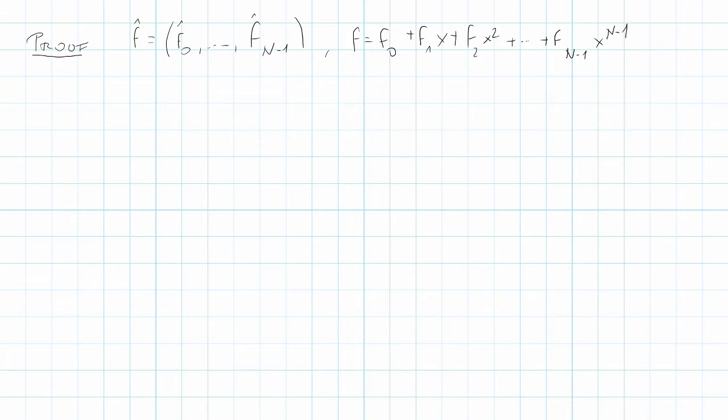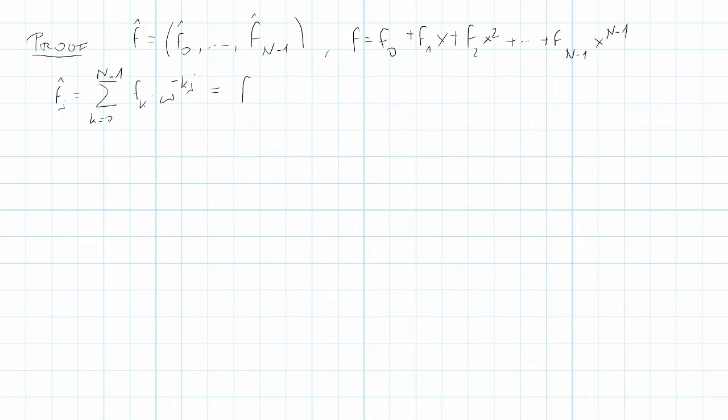By the way we define the discrete Fourier transform, fj hat was just the sum for k from 0 up to n minus 1 of fk times omega to the power minus kj. But we can write it explicitly this way.